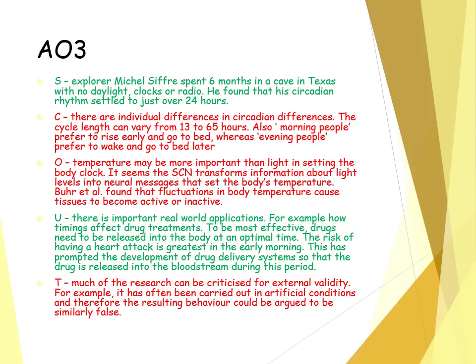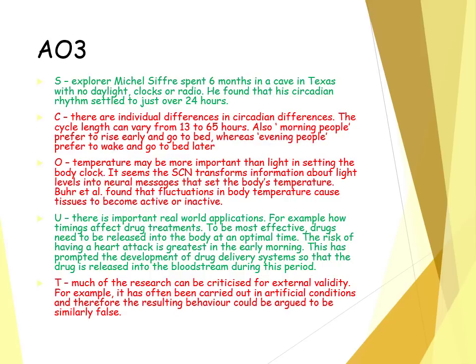So we've got supporting evidence from Michel Siffre. He spent 6 months in a cave in Texas with no daylight, clocks or radio, and yet his circadian rhythm was still 24 hours. So that is a good indicator that our circadian rhythm, even without external cues, is 24 hours.